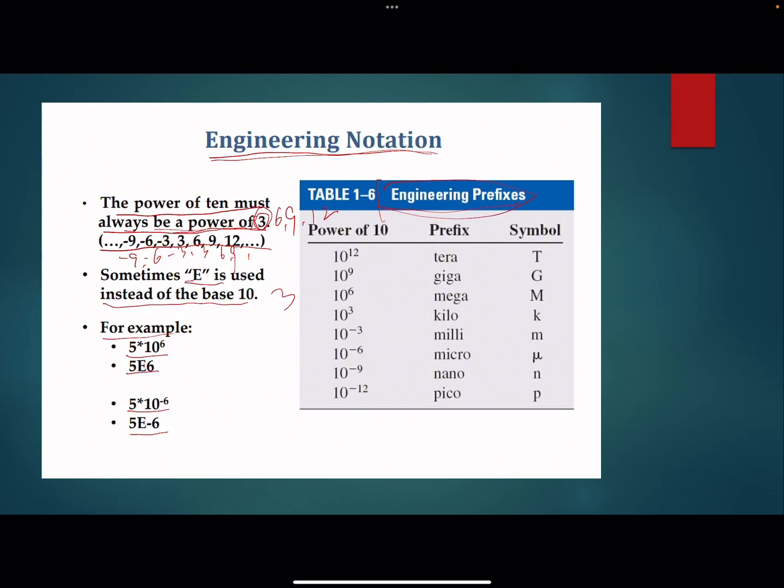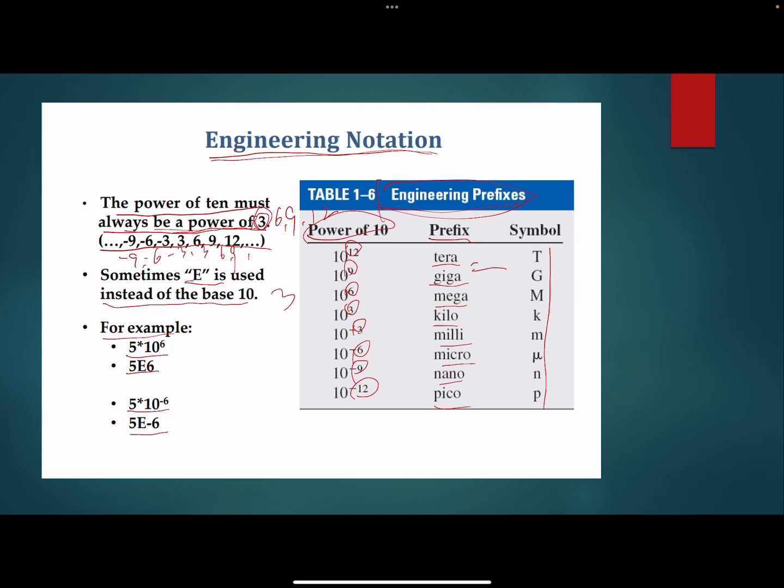So this is engineering notation. They have powers of 10 such as 12, 9, 6, 3, minus 6, minus 9, minus 12. Then we have the prefixes: giga, mega, kilo, milli, micro, nano, pico.